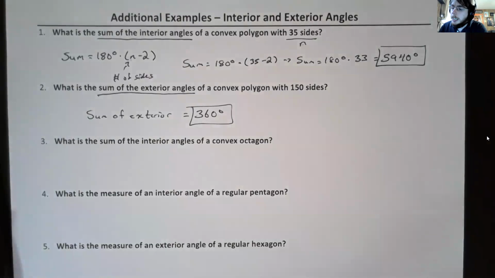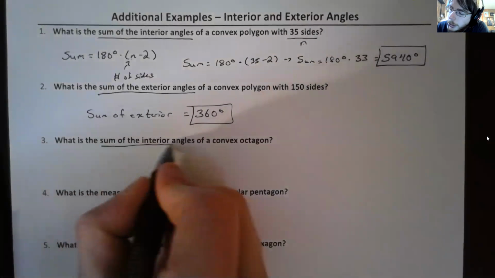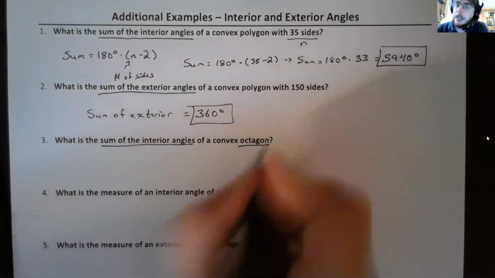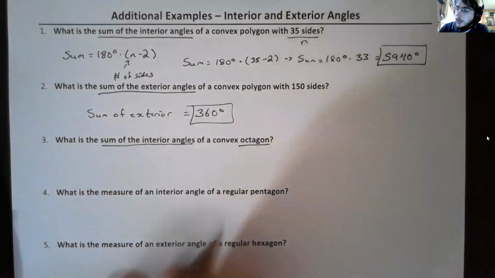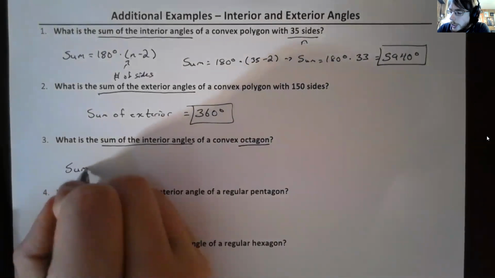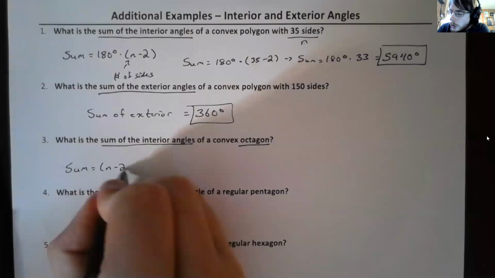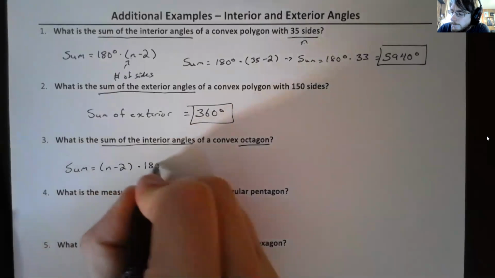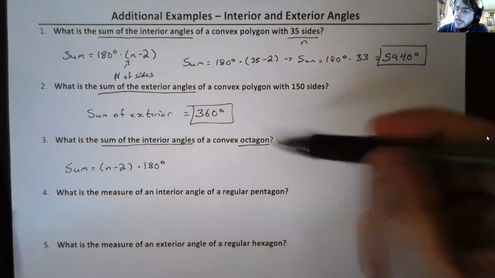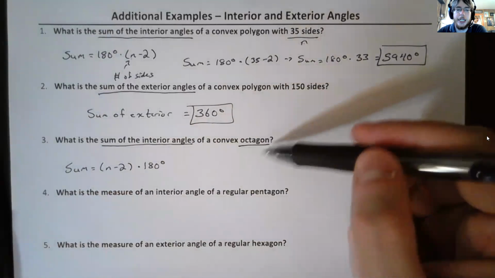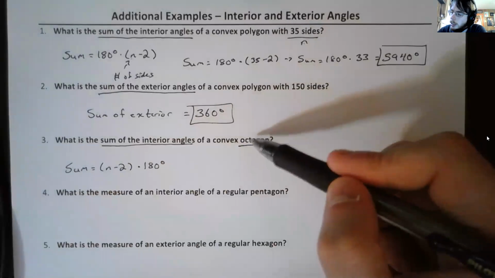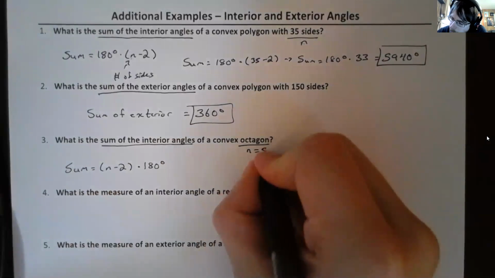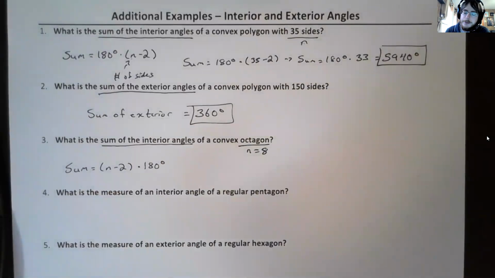Number three, we want to know the sum of the interior angles of a convex octagon. Since we want to find the sum of the interior angles, we're going to be using sum equals n minus 2 times 180. And it's talking about an octagon. Octa means 8. Think of an octopus. So our n is equal to 8 in this case.